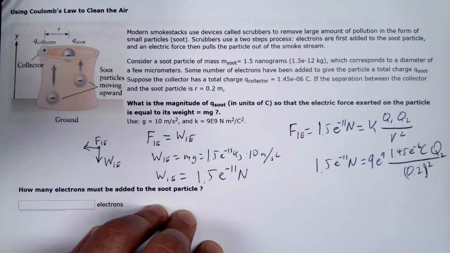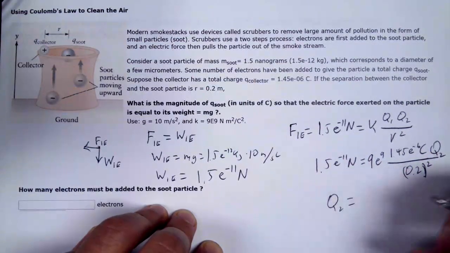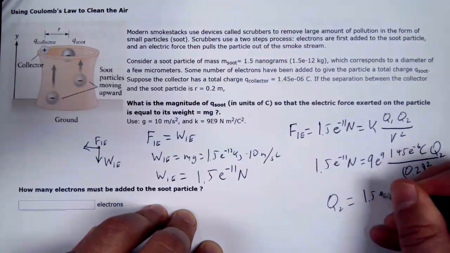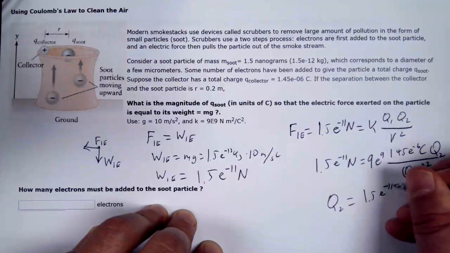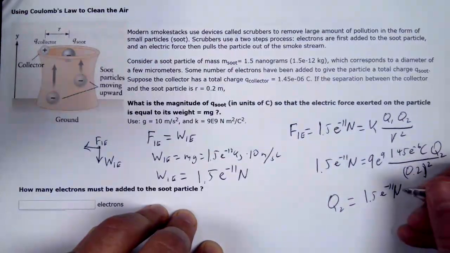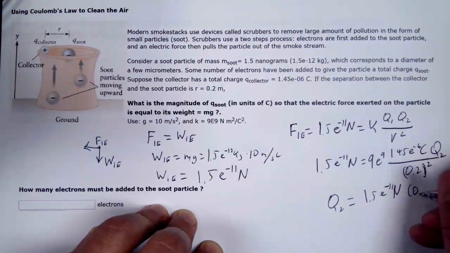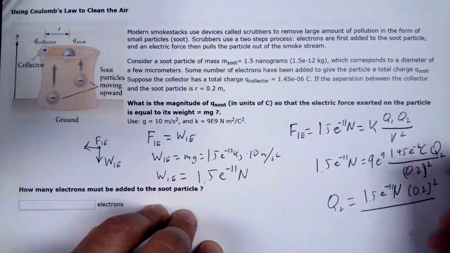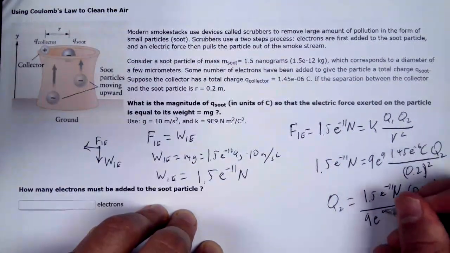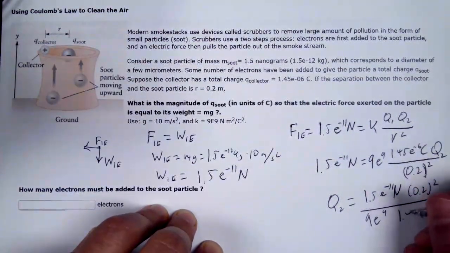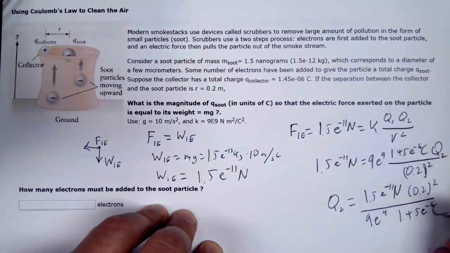We have some rearrangement to do, since we want to solve for Q2. So Q2 is 1.5 e to the minus 11 newtons times 0.2 squared, divided by 9 e to the ninth and divided by 1.45 e to the minus 6 coulombs.